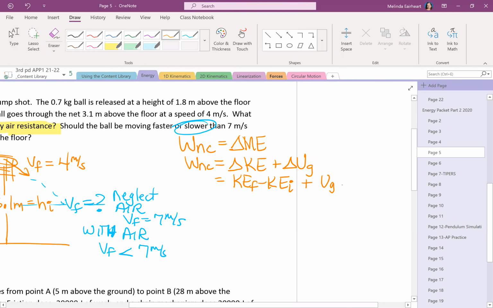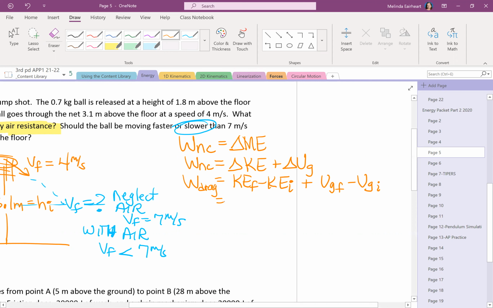And we could move the initials to the other side if you don't like 4 terms on the right-hand side. But I did that last period. I moved the initials, kind of made it a conservation statement approach. But then to solve for work done by the drag, I had to move them back to the right-hand side. So I'm just going to leave it where it is. It's already solved for what our answer should be.